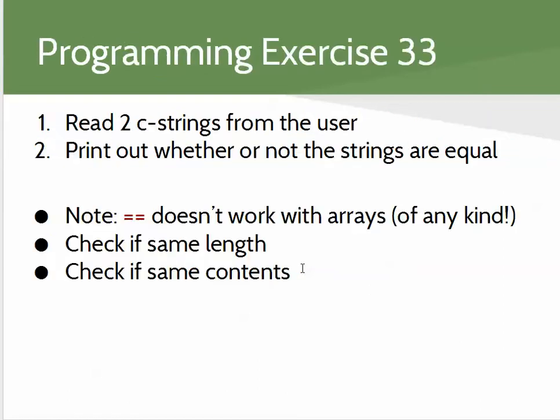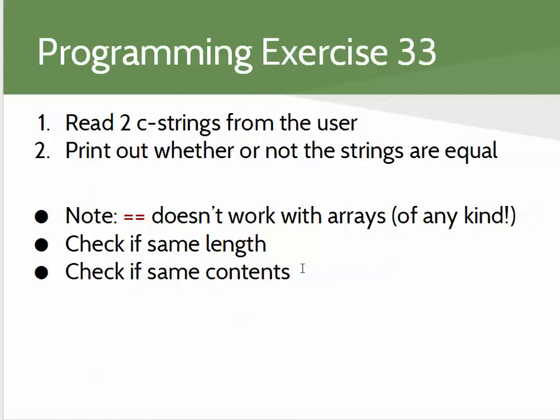So let's use this stuff in practice a bit. What I'm going to do is have an exercise where the user is going to type in two independent C strings, and my program is going to print out whether or not they're equal. I'll define equal as they're the same length and they have the same contents.